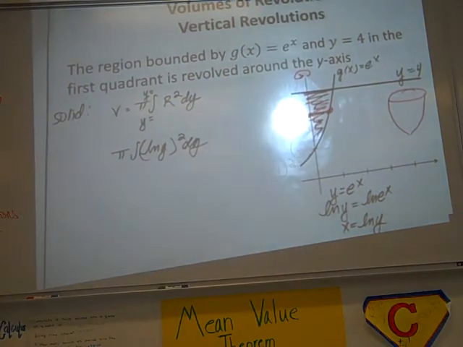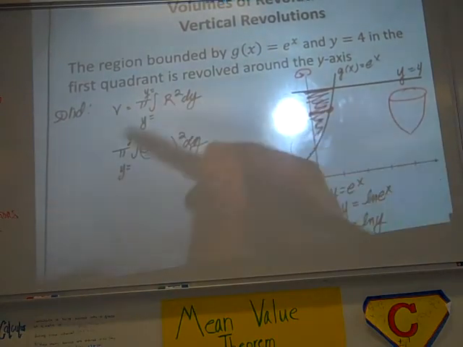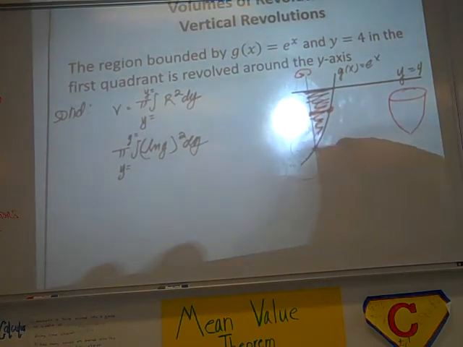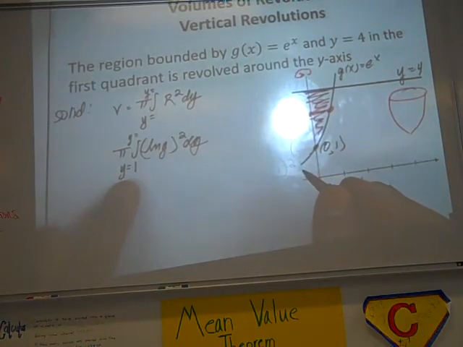Where am I integrating from? Well, I need y values. This is why I normally write y equals and y equals here. Let's see, where is this point? What I know for sure is the x-coordinate is 0. Since we're looking at the function e to the x, I know e to the 0 is 1. So the lower limit of integration is y equals 1.